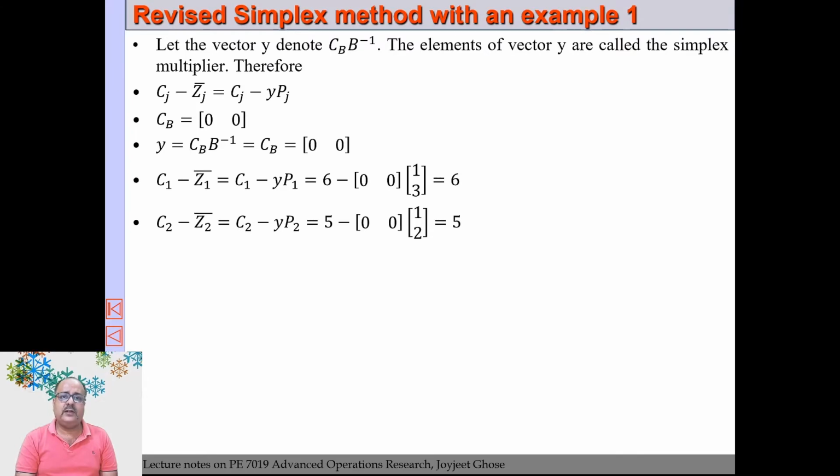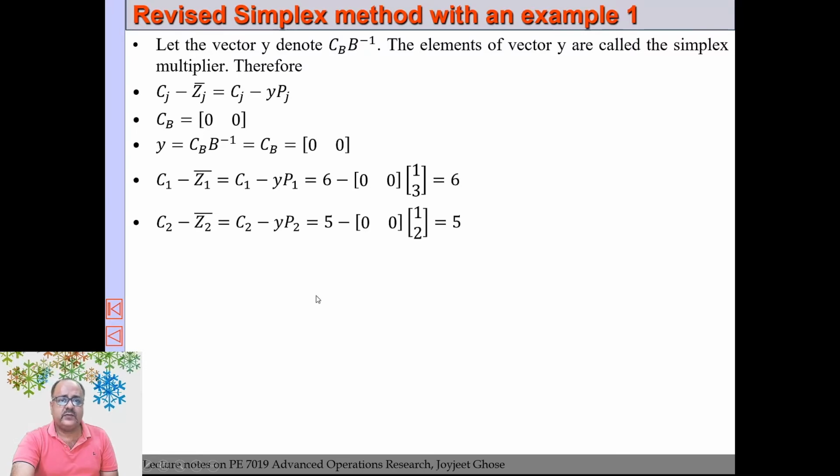So I am only interested in finding Cj minus Zj bar of the non-basic variables. C1 is 6, the coefficient of x1 in the objective function. So 6 minus Cb 0 0 into P1, which is 1 3: 0 into 1 plus 0 into 3 is equal to 0. So that gives you 6, and similarly, this gives you 5.